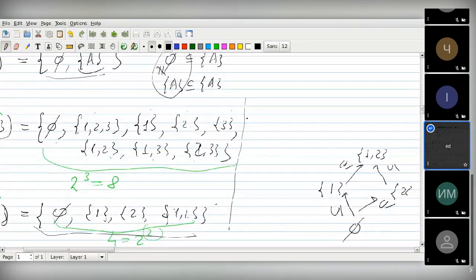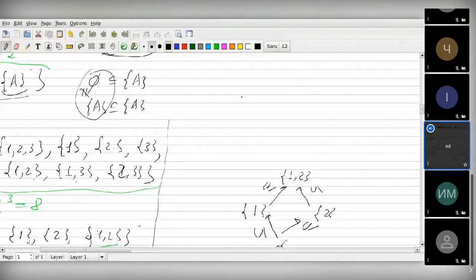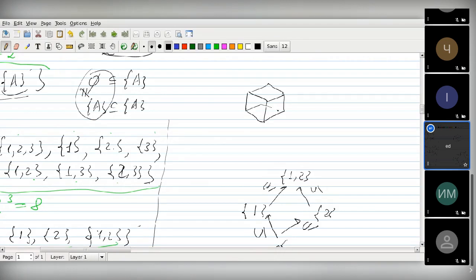And in the case of 3 elements, 8 subsets, you get a cube. So here you have the empty set. Here are the 3 singletons, 1, 2, 3.